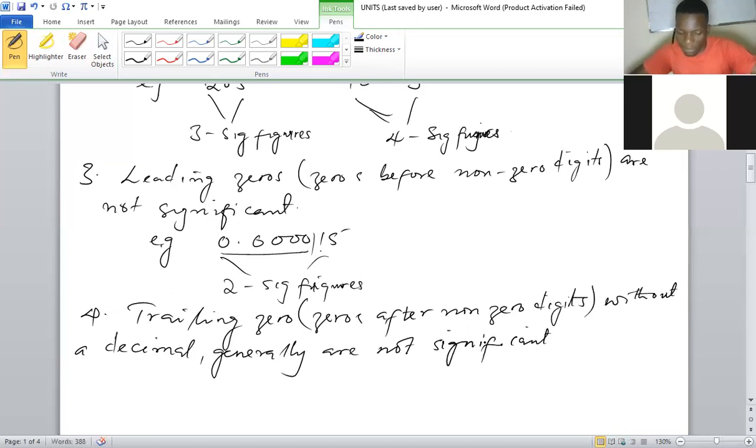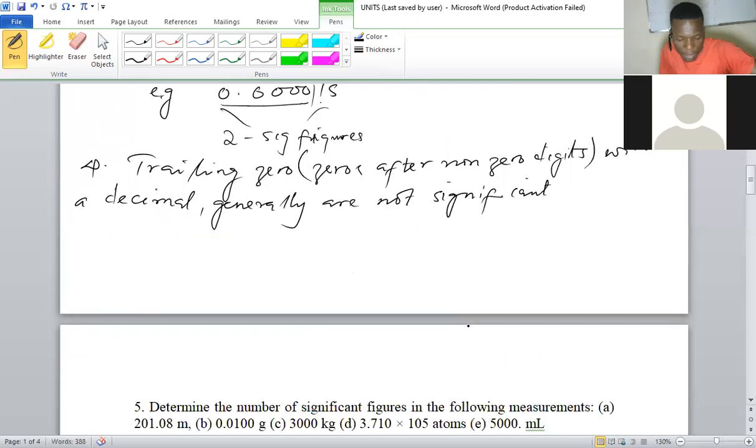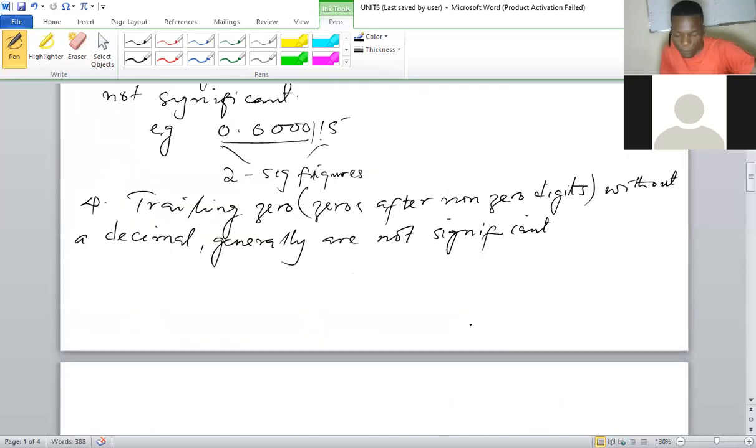Okay. So if you have trailing zeros, you have maybe a non-zero digit, and that non-zero digit is followed by zeros without a decimal point, then those zeros cannot be considered to be significant. Let's say, for instance, we have 300. Since there is no point here, these zeros are not significant.